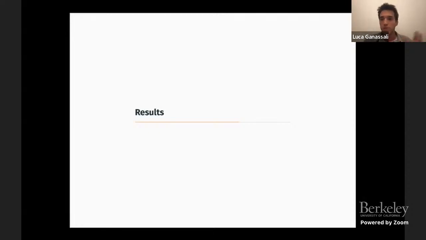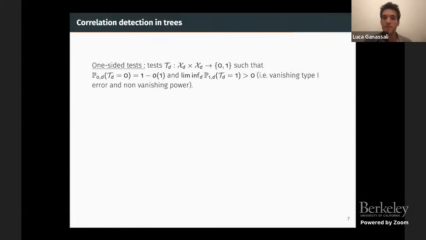So just a summary of the results in the paper, please have a look at the whole video to learn a bit more. We are looking for one-sided tests. I told you that we were going to do partial recovery. The goal is a bit more, in fact. We are asking to output only pairs for which we're quite certain, right?